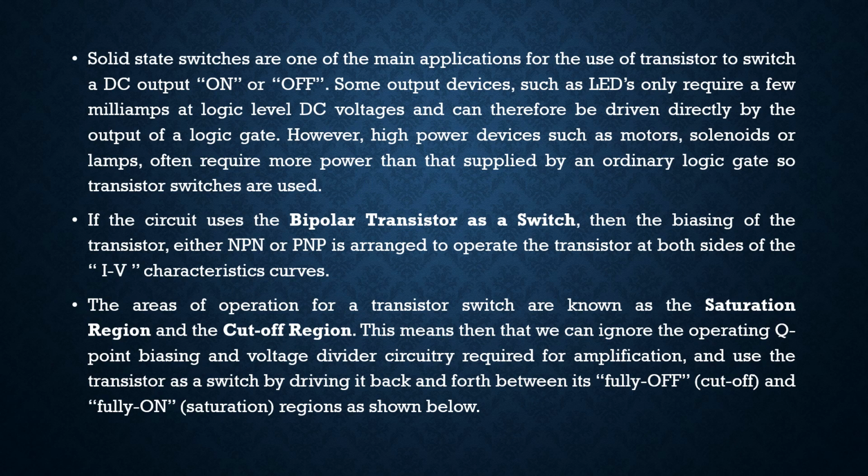This means that we can ignore the operating Q point biasing and voltage divider circuitry required for amplification, and use the transistor switch by driving it back and forth between fully off, that is cutoff, and fully on, that is saturation region, as shown in the figure on the next slide.